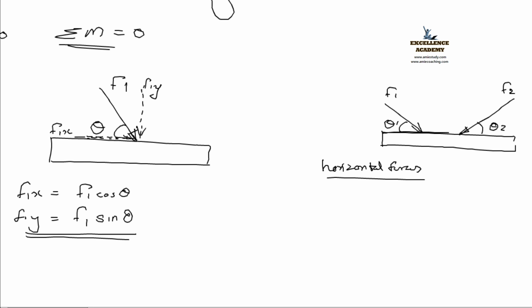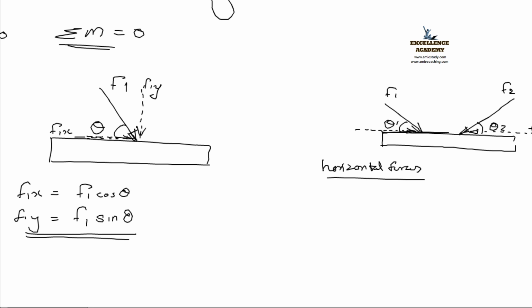See, F1 cos theta 1 will be acting in this direction, and F2 cos theta 2 will be acting like this.